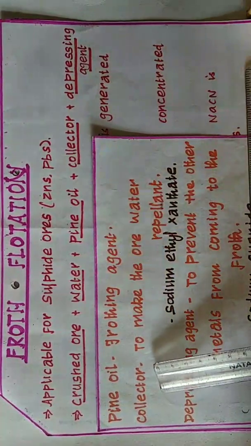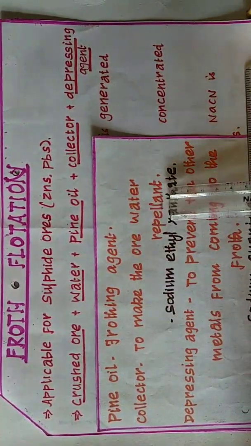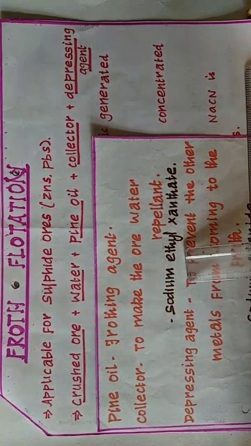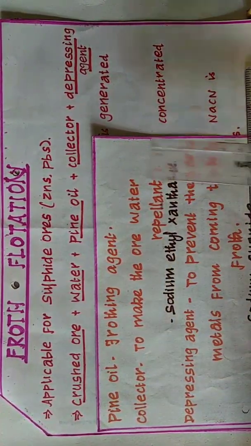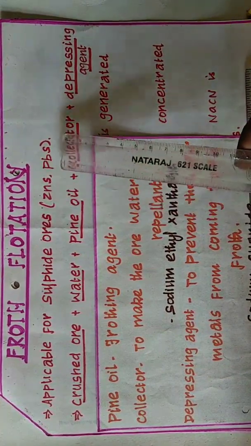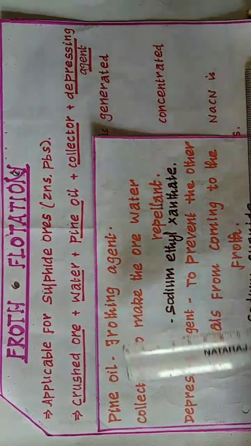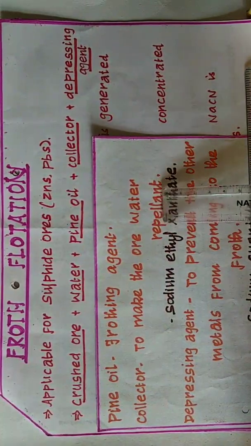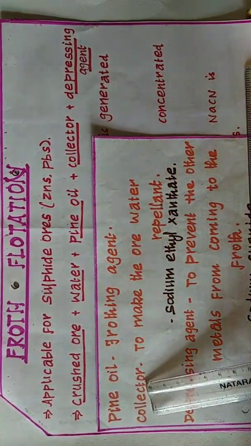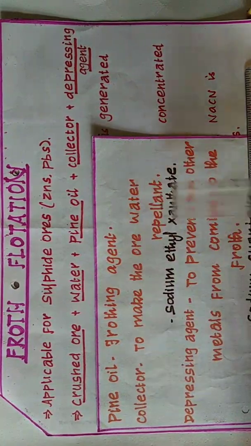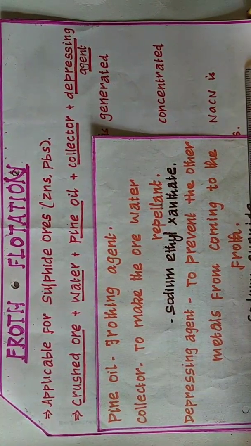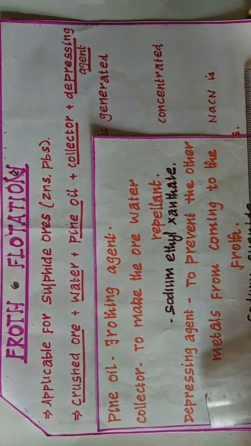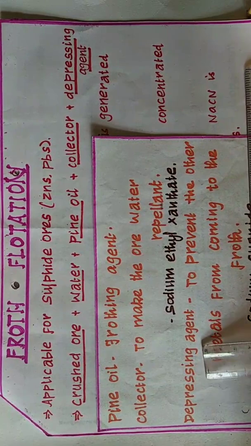In our case, the collector we have used is sodium ethyl xanthate. In the extraction of either zinc sulfide or galena, sodium ethyl xanthate is added as a collector. What is the role of the collector? To make the ore water repellent. The next one, depressing agent, we are going to see now. What is the role of the depressing agent?